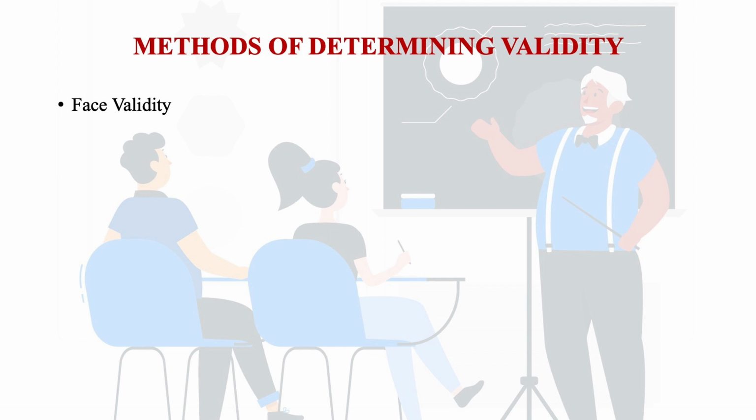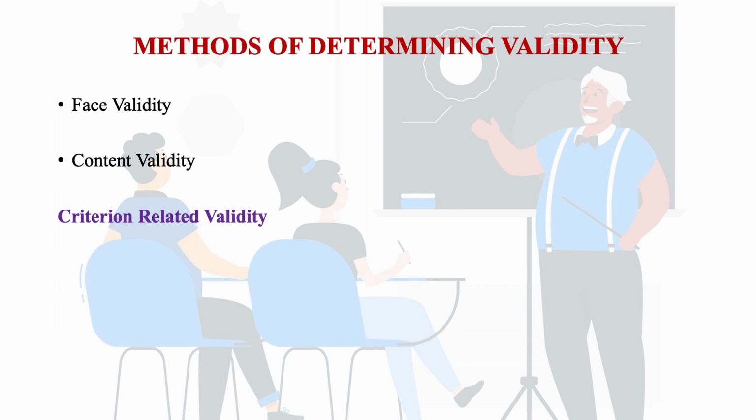Let us go forward. To understand the different methods that we follow for determining the validity of a tool: first is face validity, then content validity is another method, and criterion related validity is another method.